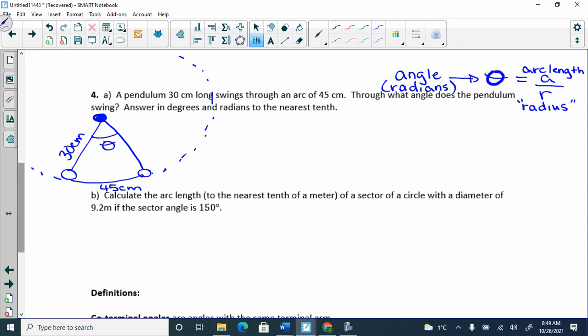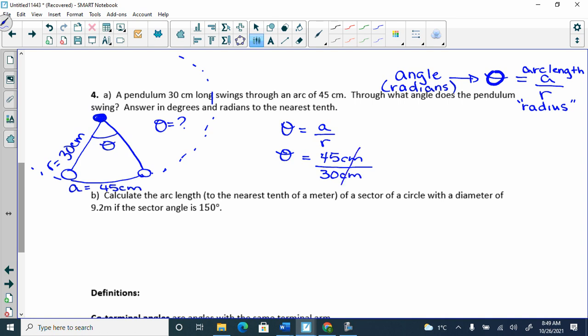Okay, so we know R is 30, we know A is 45, and they want us to find theta. So theta equals A over R. So we do theta equals 45 centimeters over 30 centimeters. Now, if you forget what theta is in, think about it. The units cancel off.